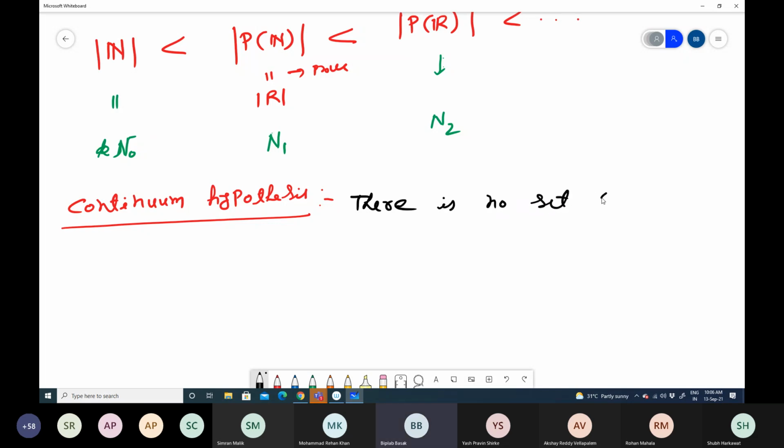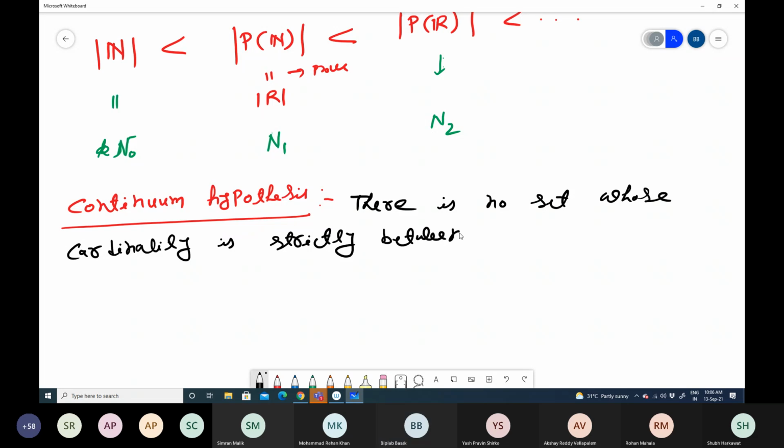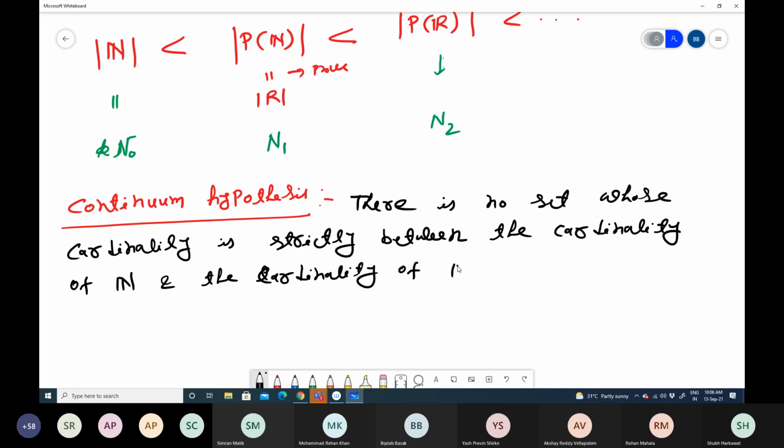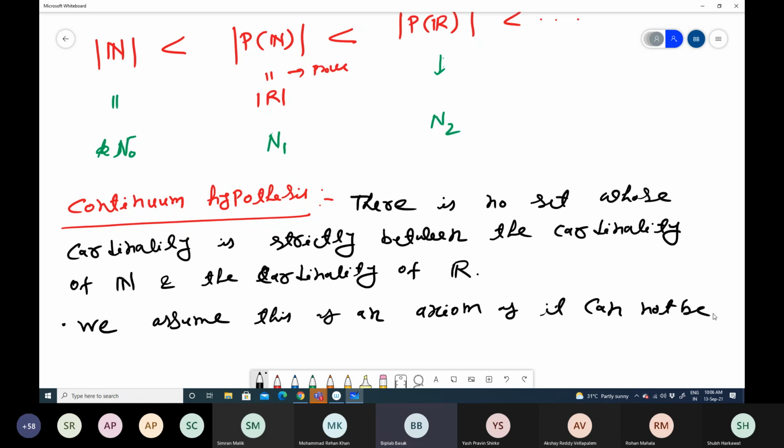There is no set whose cardinality is strictly between the cardinality of N and the cardinality of R. And we assume this as an axiom, as it cannot be proved or disproved.